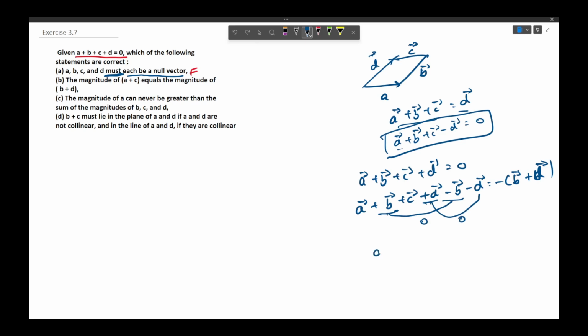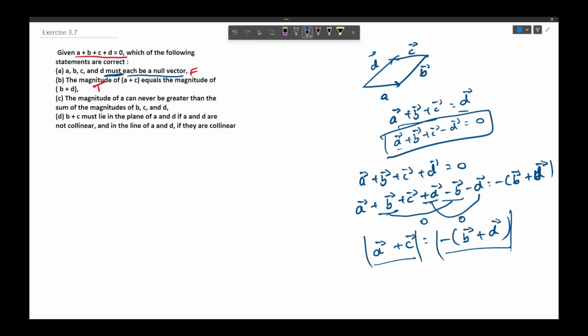The left out would be vector A plus vector C is equal to minus of vector B plus vector D. The statement was that the magnitude of A plus C equals the magnitude of B plus D. Since both the sides are equal, their magnitudes must be equal, so the summation of A and C must have the same magnitude as the summation of B and D. Now this is correct, so we will mark it correct here.